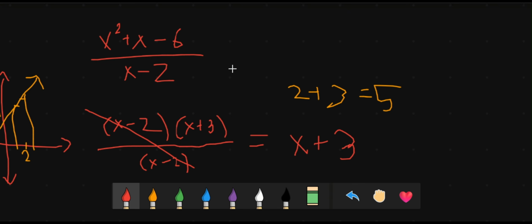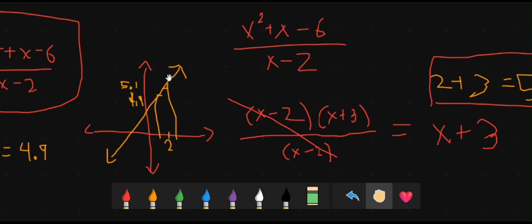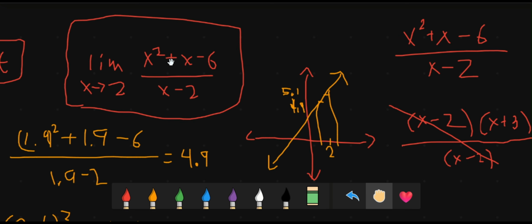We haven't actually done anything different. So there it is. This is a more formal way of saying the limit as x approaches 2 for x squared plus x minus 6, the whole thing divided by x minus 2. This is equal to 5.